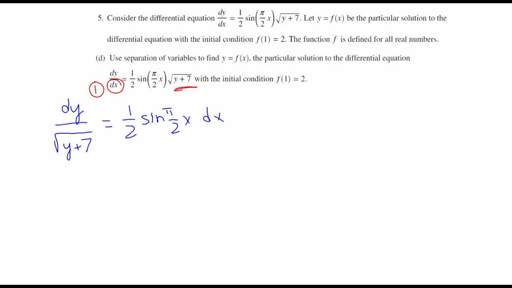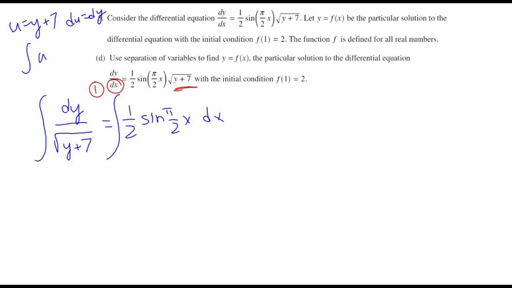Now, in this one, they're going to give you 1 point each for the two different antiderivatives because they're both a little bit more difficult. Right? So for the first one here, when we integrate 1 over root y plus 7, well, we can think about that as u is equal to y plus 7, and du is just dy. So it's a pretty basic u sub.